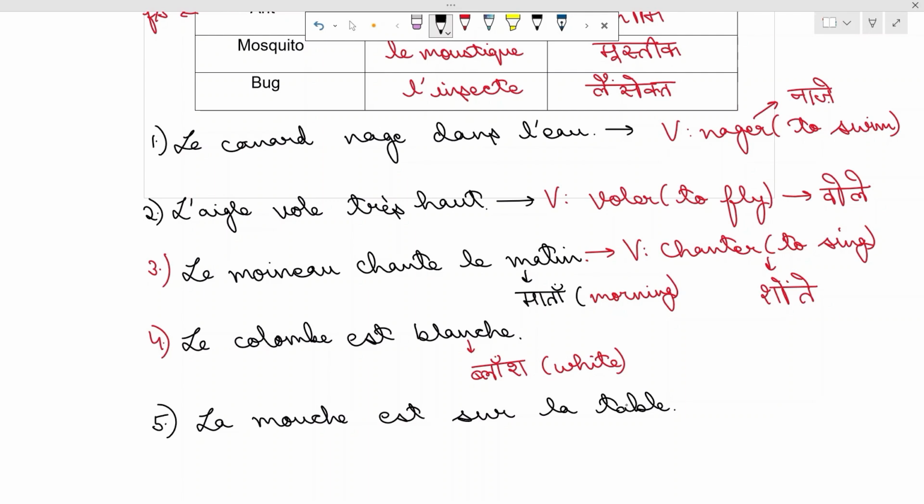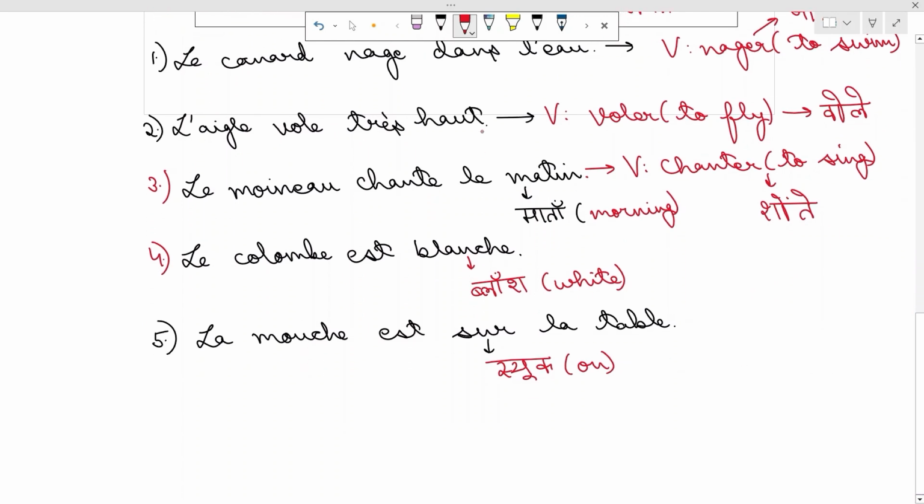Table is table. Mouche is fly. La mouche est sur la table. Sur is the pronunciation of this word. In the context of the sentence, sur means on. The fly is on the table.